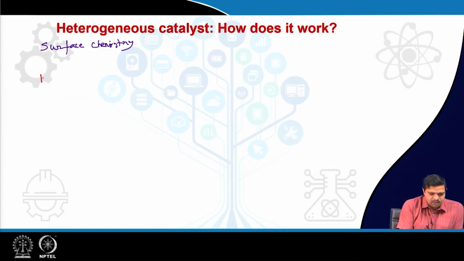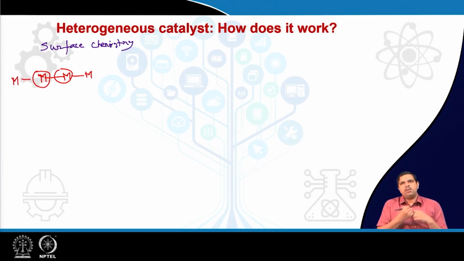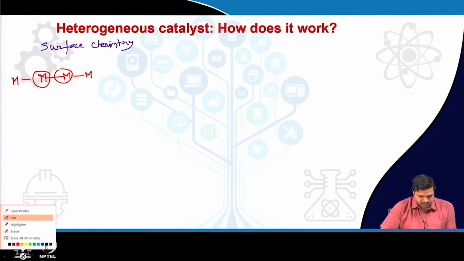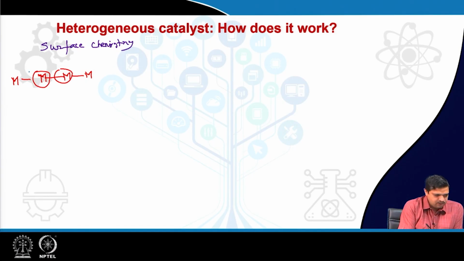So, let us take it in a very general way. Suppose this is a metallic surface, it may be oxides, elementary metals or alloys, anything, and let us say that we are passing hydrogen through this one.